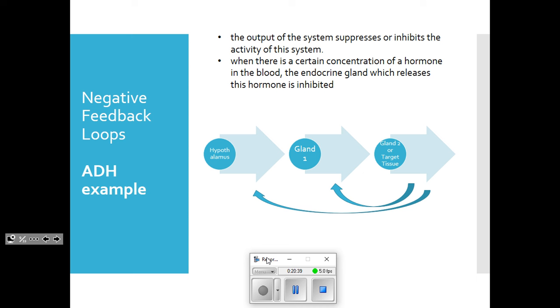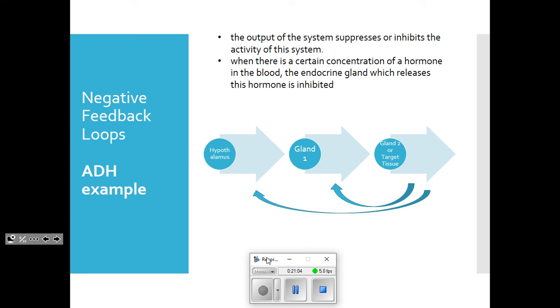Now, the generic pathway I have here isn't for every single hormone that exists, but for many of the hormones we'll discuss, the hypothalamus will be the beginning point. Something will happen in the hypothalamus. Then another gland will be affected, and then either another gland or the target tissue will be affected after that. That's a pretty generic pathway, okay?